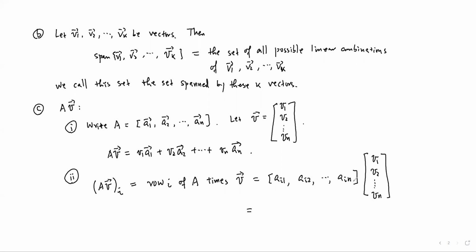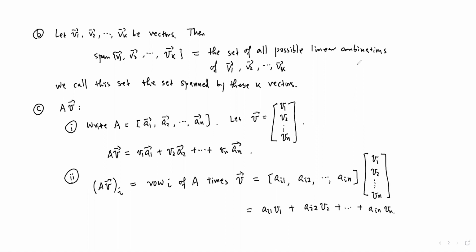The meaning of row i times the vector is the sum of the products of the corresponding entries. That means the first entry times the first entry, plus the second entry times the second entry, and so on, last entry times last entry. Two formulas to compute a matrix times a vector.